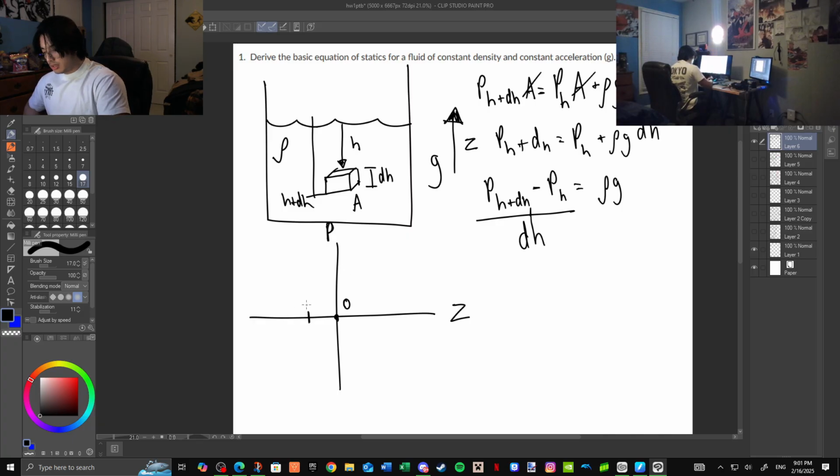The first height we hit in this scenario will be the top of the surface, that's h. The next one will be the bottom of the surface, which is h plus dh. At h, our pressure would just be p of h, and for h plus dh, the pressure at h plus dh.